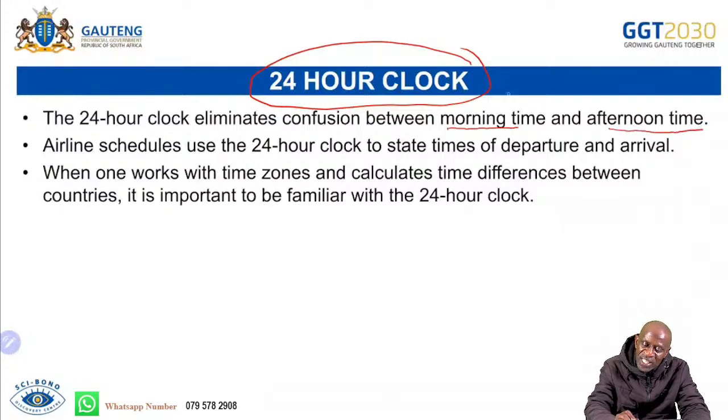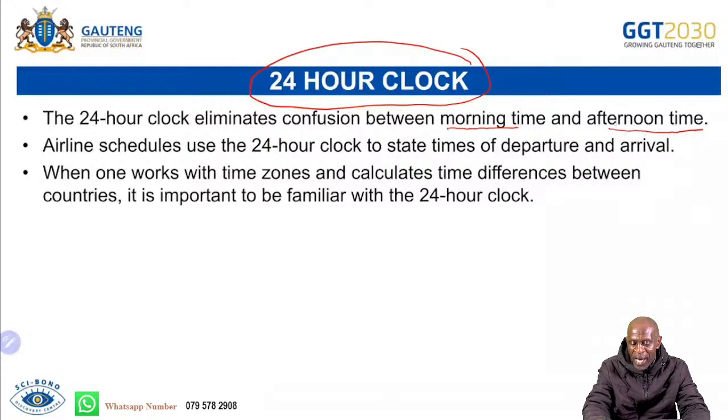In the morning, we usually say AM, and in the afternoon, we usually say PM. Those AMs and PMs are not necessary when we discuss time zones.